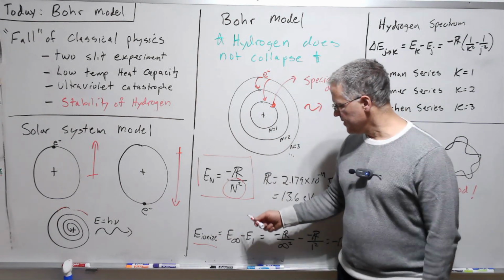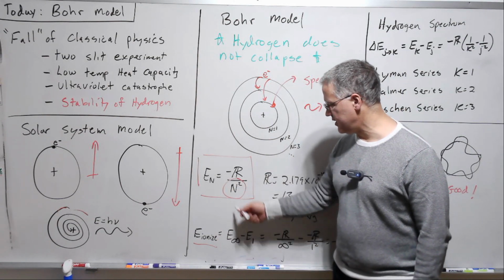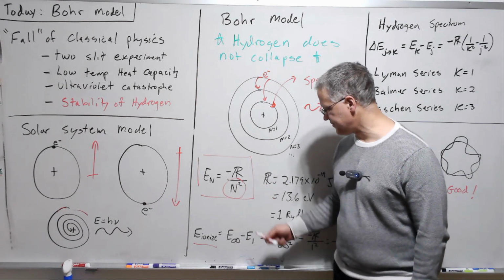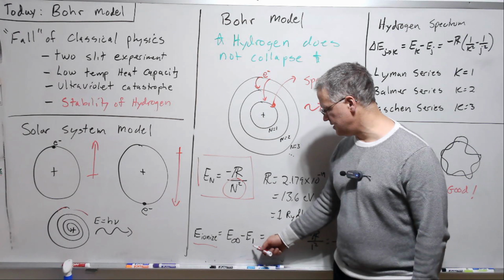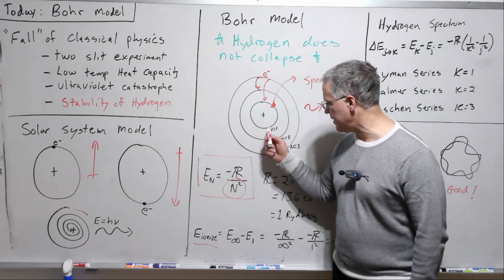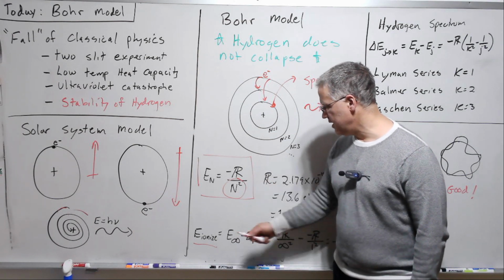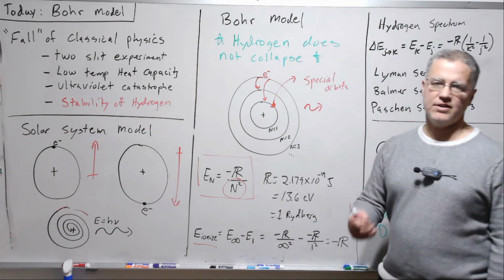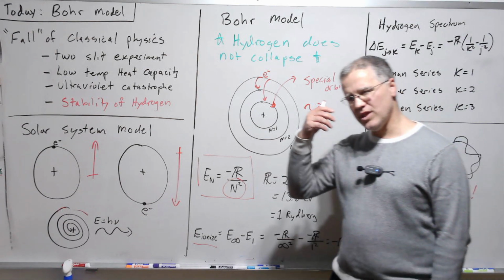We're saying the final n value is infinity, so we'll call that E infinity. And the initial n value is 1, so we'd have E1. So we would have E infinity minus E1. Let's plug infinity in here.